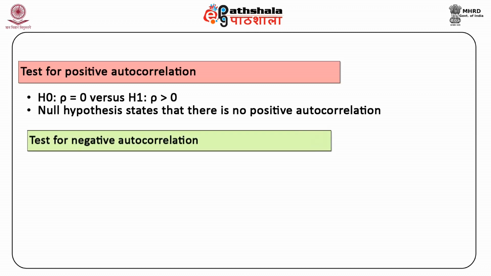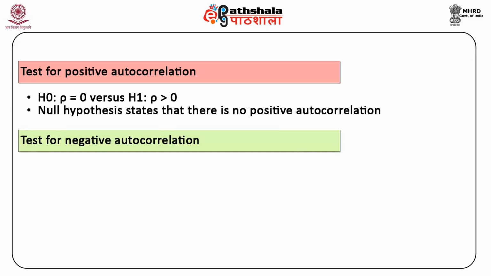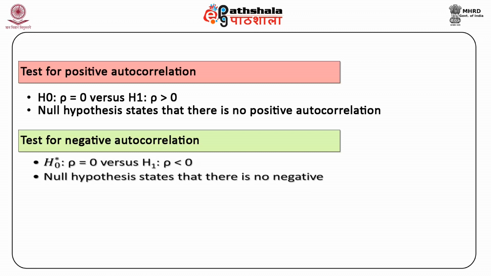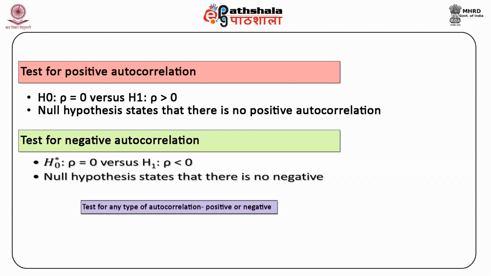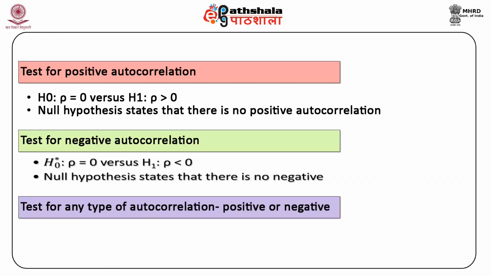The second test could be for negative autocorrelation, where our H naught star is rho equal to 0 versus H1 rho is less than 0. In this case, null hypothesis states that there is no negative autocorrelation. The third alternative is the test for any type of autocorrelation, which means positive or negative.